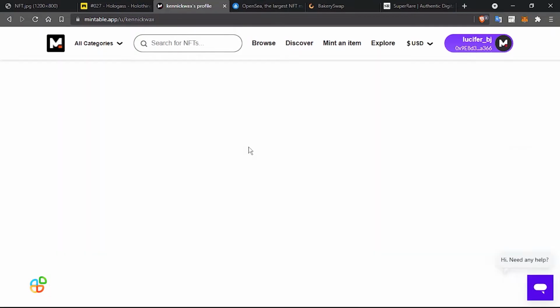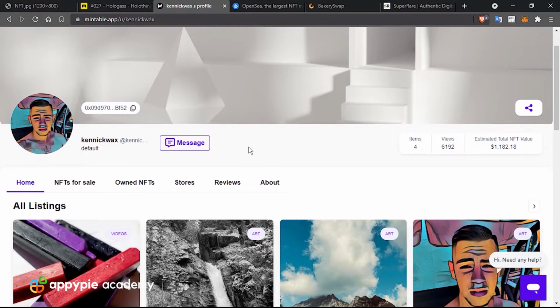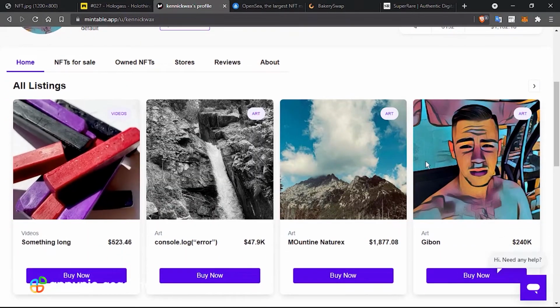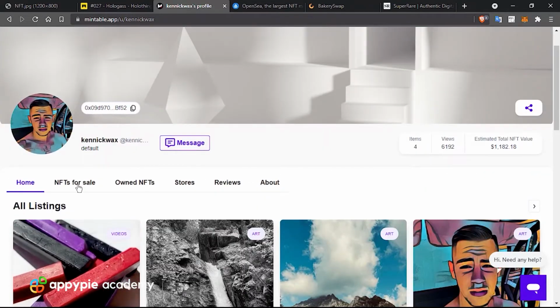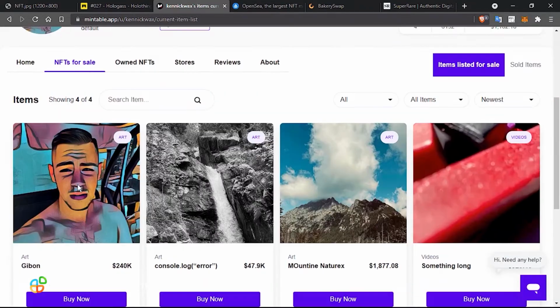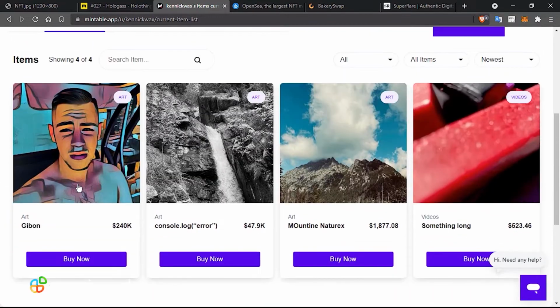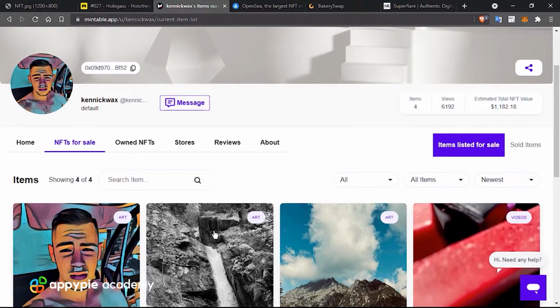So let's see. This seller has listed a lot of items for sale, and you can see here NFTs for sale. This person has listed four of his items, and I don't think any have been sold.